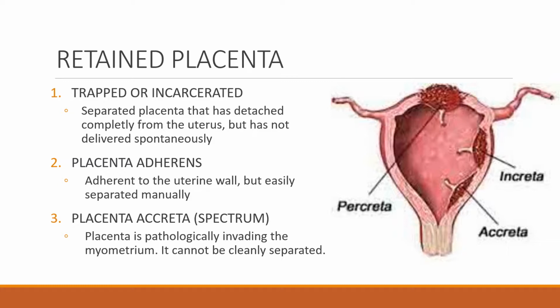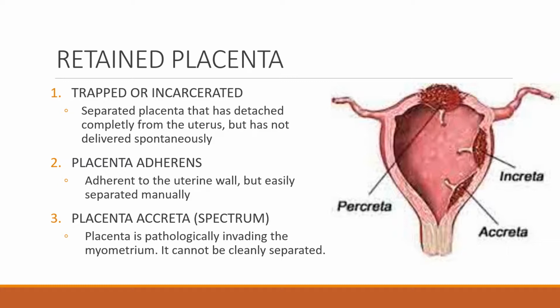First is the trapped or incarcerated placenta, defined as a separated placenta that has detached completely from the uterus but has not delivered spontaneously, and then the placenta adherens, where the placenta is adherent to the uterine wall, but it can be very easily separated manually.